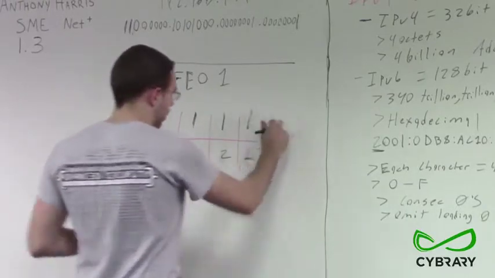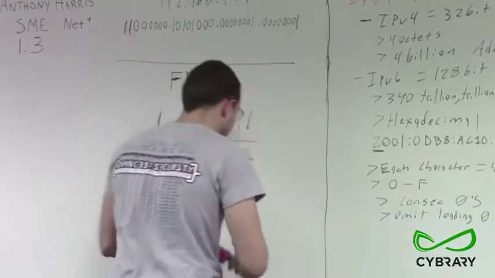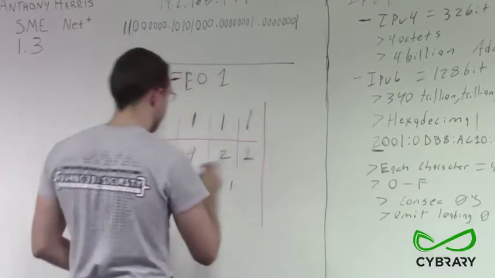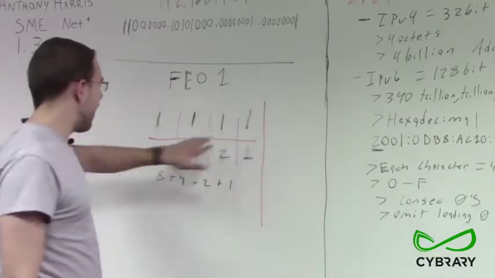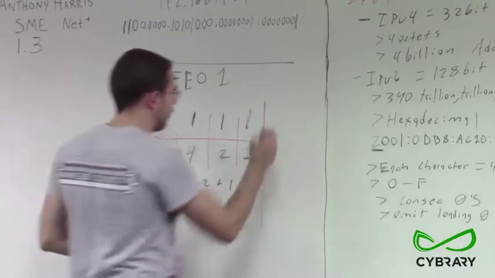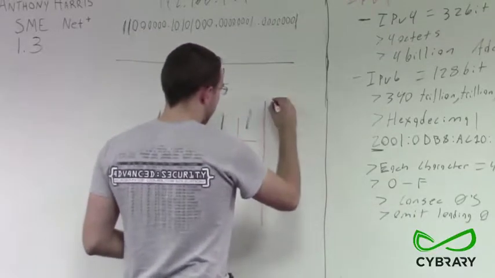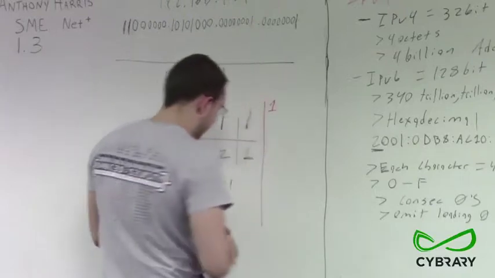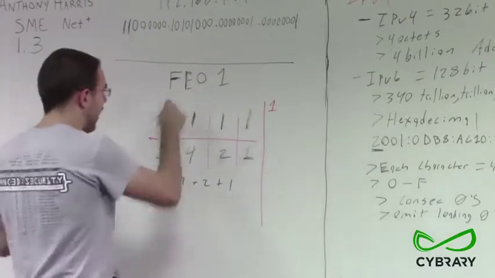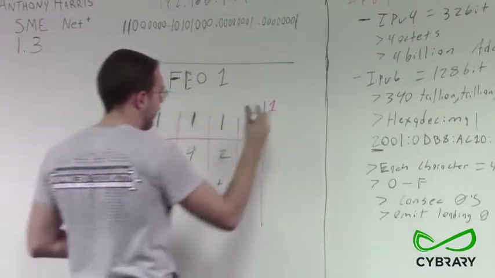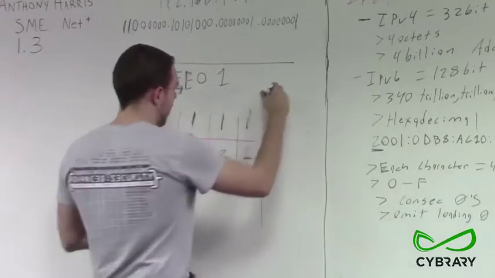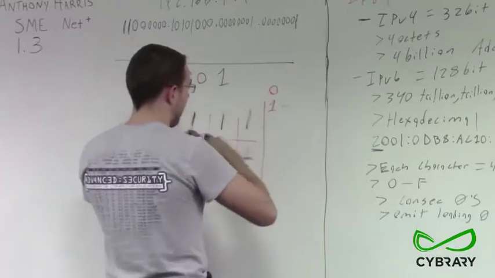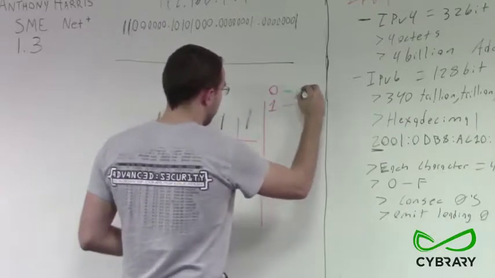So we'll make a chart right here. If we have a binary value which comes out to 0, our hexadecimal that we place will be 0.